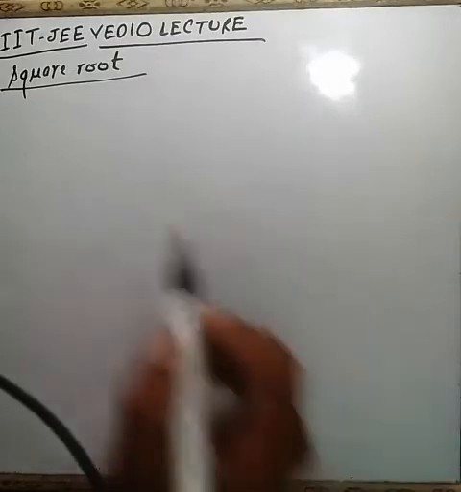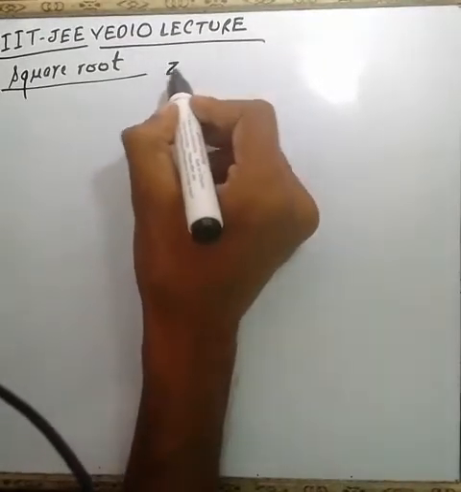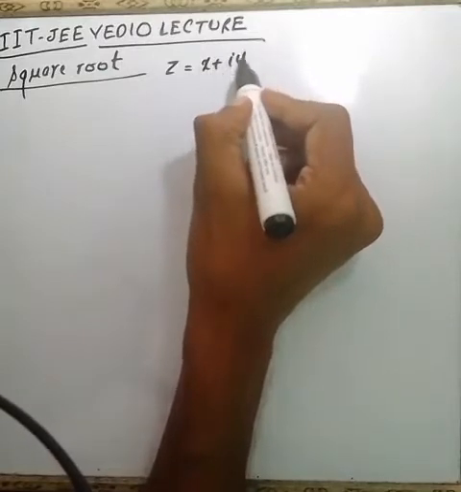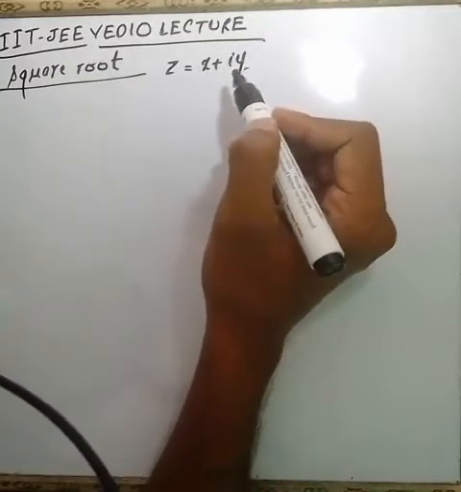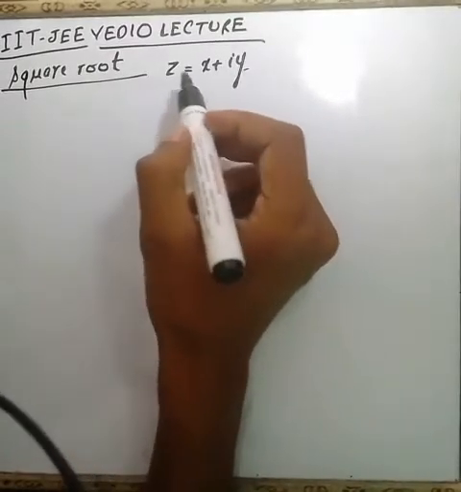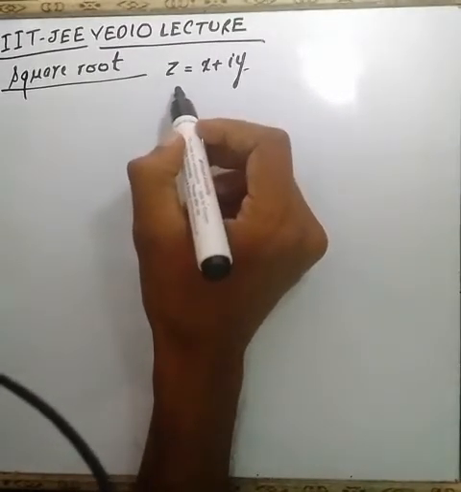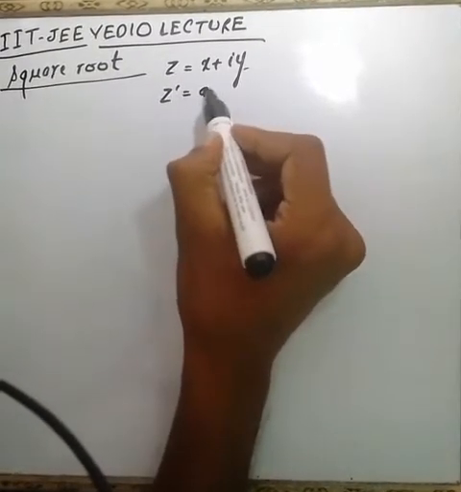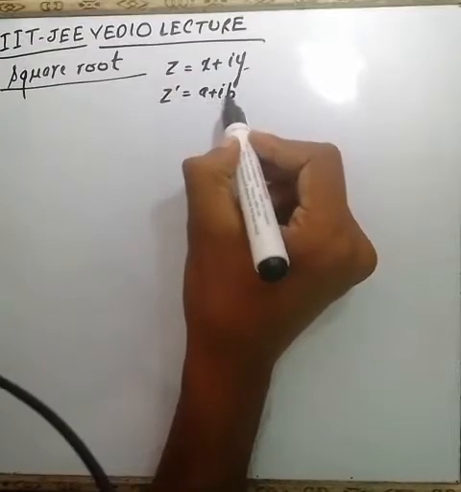So if we have one complex number like z equals x plus iy, and we want to find the square root of this z. And we have another number z dash, which is a plus ib, again a complex number.